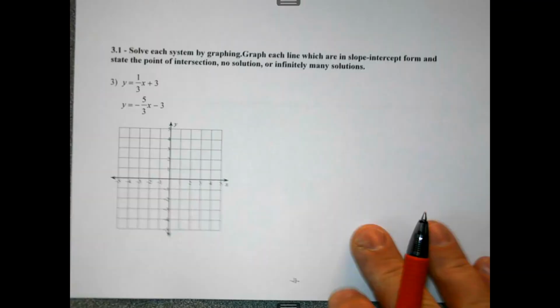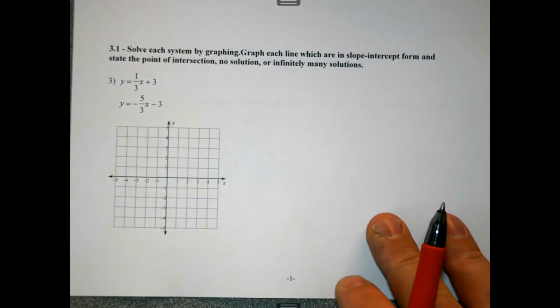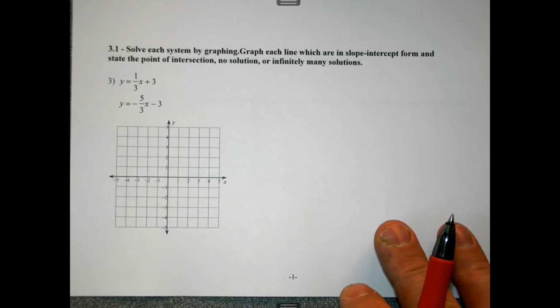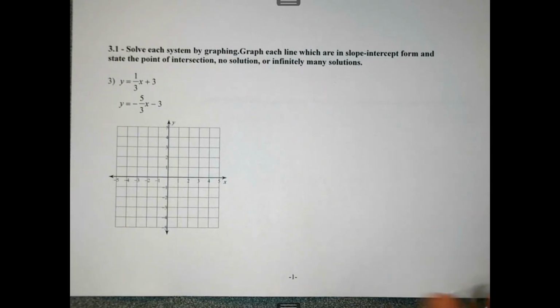All right. Number 3, we're solving systems of linear equations, right? And we had 3 methods: graphing, substitution, and elimination. And within each one of those methods, after we're done with the problem, we had to determine which scenario it was in, right?